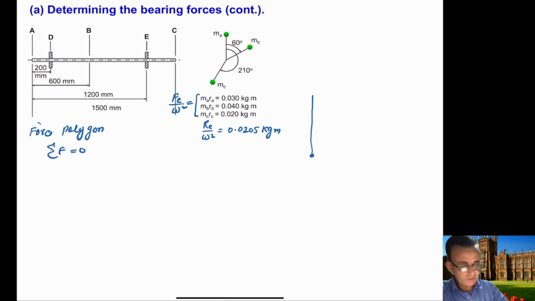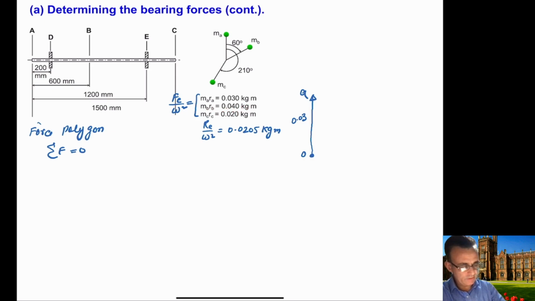This will be in the vertical positive direction, with a value of 0.03, from O to A. And then you have MB, which is in this direction here. So the centrifugal force will also be in the same direction, which is 0.04.